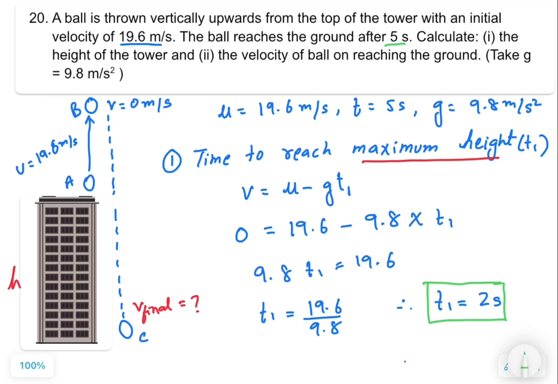It takes 2 seconds to reach the highest point from A to B. Now the total time is 5 seconds, so 5 minus these 2 seconds will give us 3 seconds. That will be the time for the ball to reach from the maximum height to the ground, from B to C. So let's just write that.